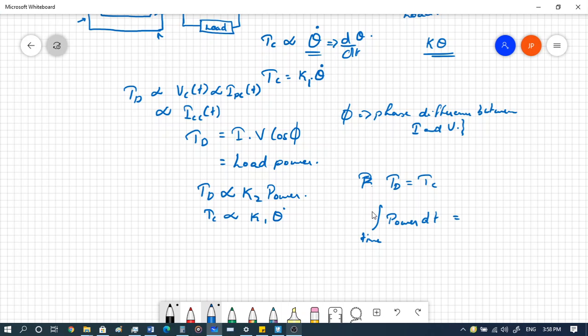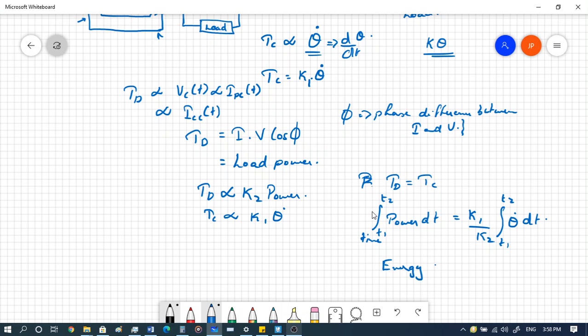integral of power dt can be written as K1 by K2 integral of theta dot dt. Let's say we put two time limits, T1 to T2. The power consumed from T1 to T2 can be written as energy.